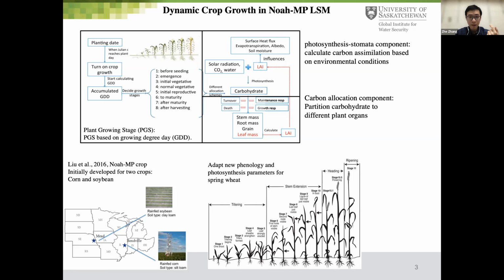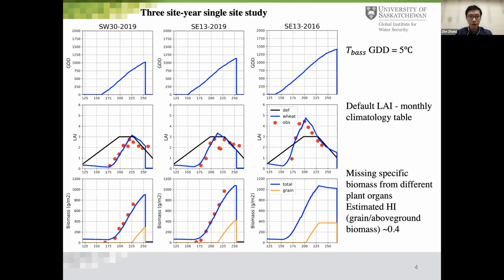So the first step is, let's take a look at the three site-year single site study from the Kenaston site. So we obtained three site years, and we conduct the single site study modeling. Here you see three site years. The first row is the growing degree days, GDD.